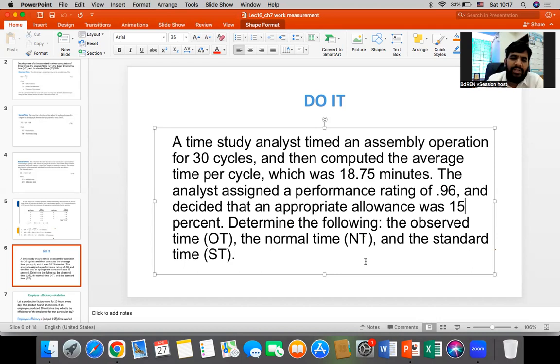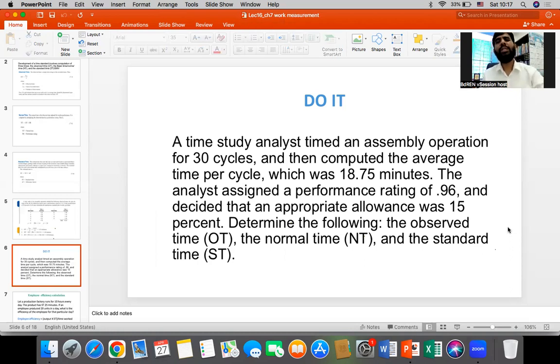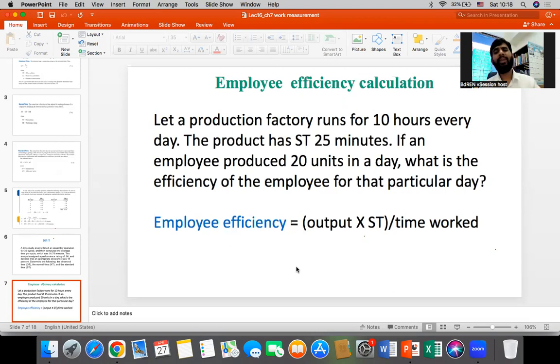What is the standard time? 20.7. So the standard time to produce a product or a part of an operation is 20.7 minutes. Now we are going to apply this standard time in our operations department.